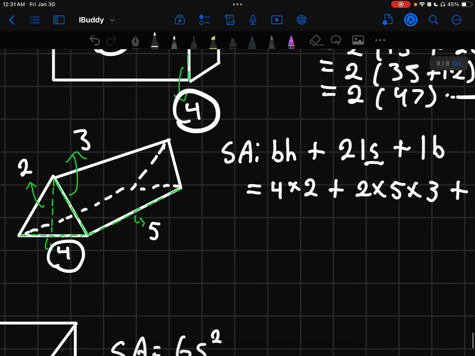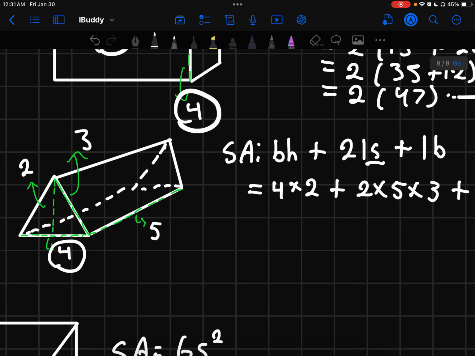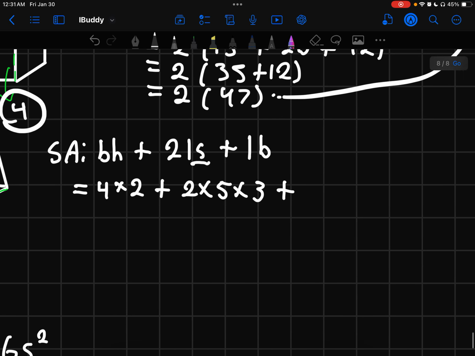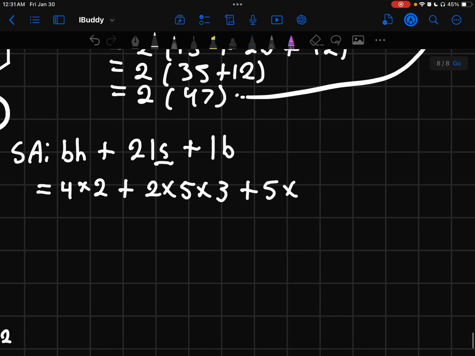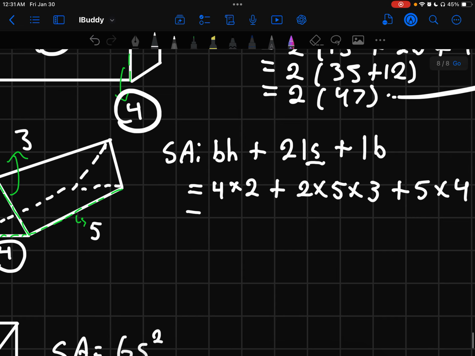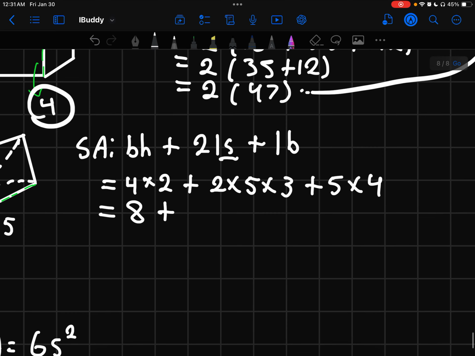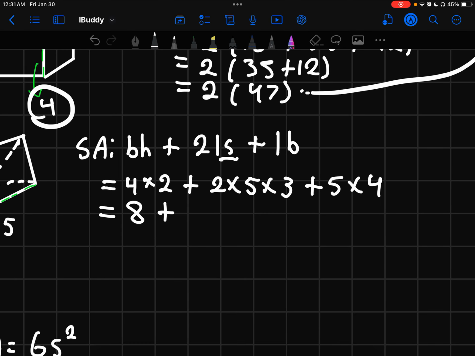plus the length times the base, which is 5 times 4. So now we can start solving this. This is equal to 8 plus 2 times 10, that's times 3, that is 30, plus 20.